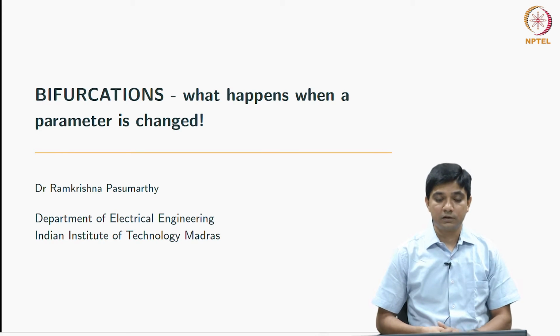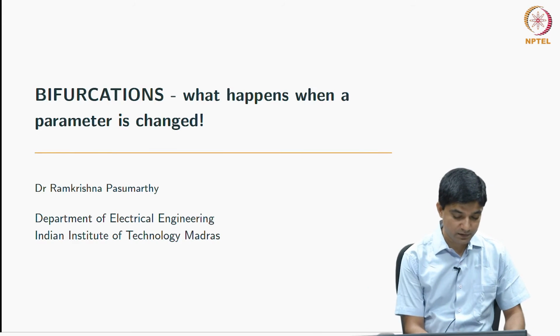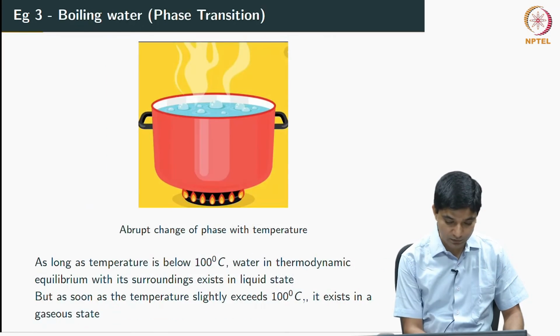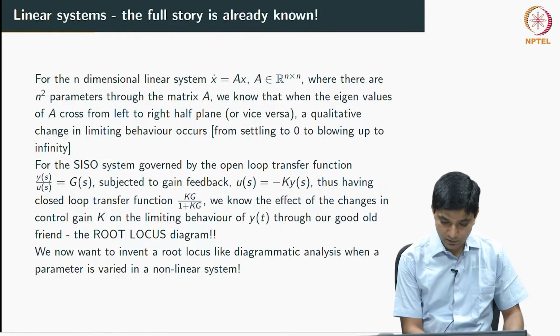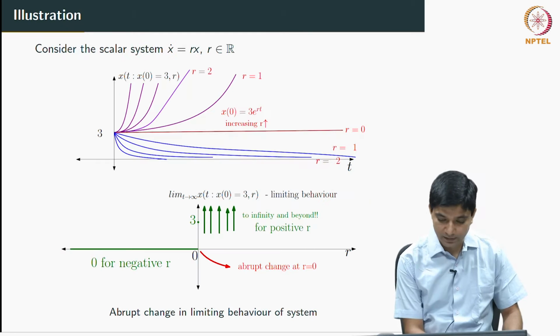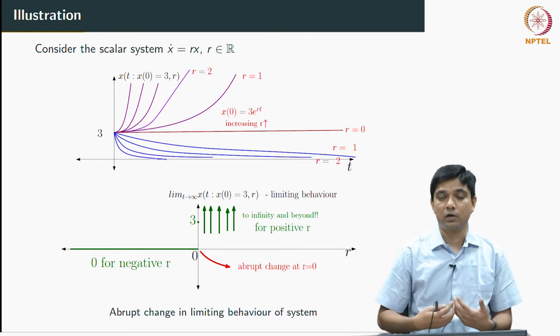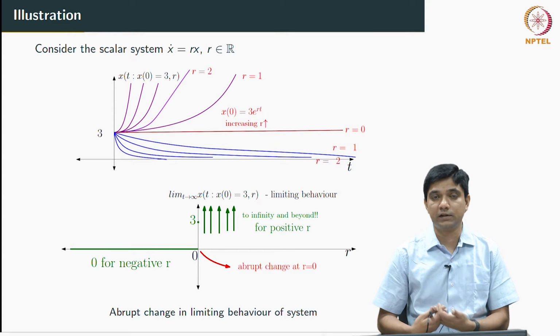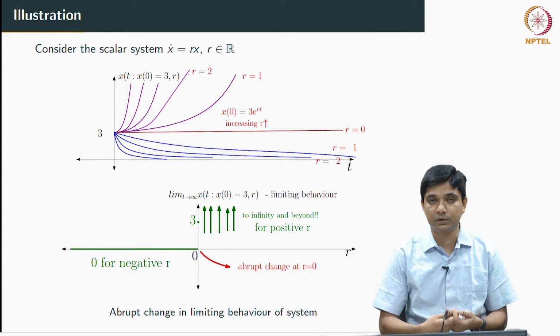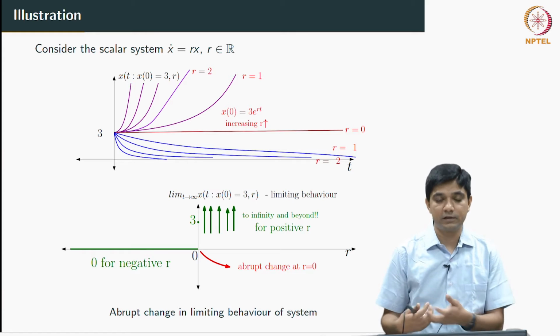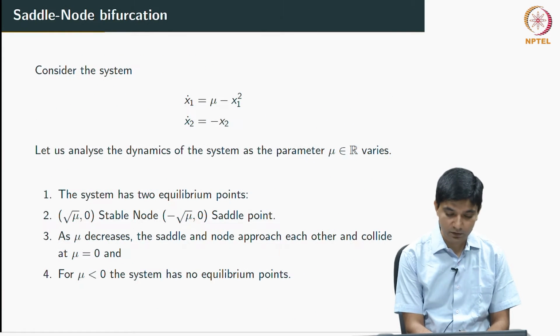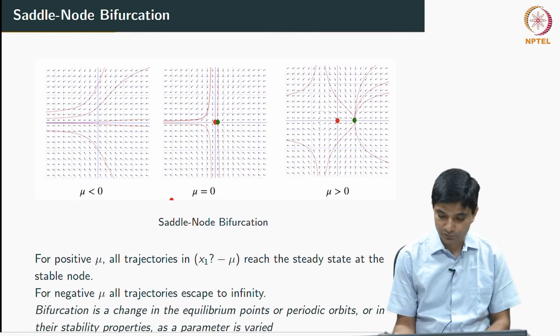Right. So in the previous lecture we had a few notions of bifurcation. The linear system was pretty clear, right? The only qualitative change that could happen drastically is when your poles move from the stable region to the unstable region, whereas in the nonlinear case you can have a bunch of things happening, right?